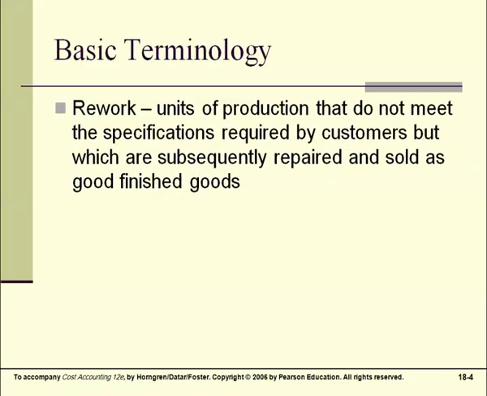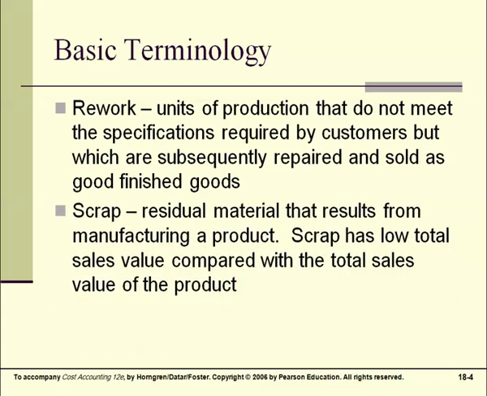Rework are units of production that do not meet the specifications required by customers but which are subsequently repaired and sold as good finished goods. Scrap are residual material that results from manufacturing a product. Scrap has low total sales value compared with the total sales value of the product.